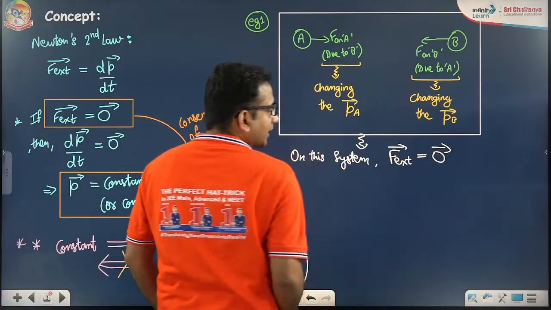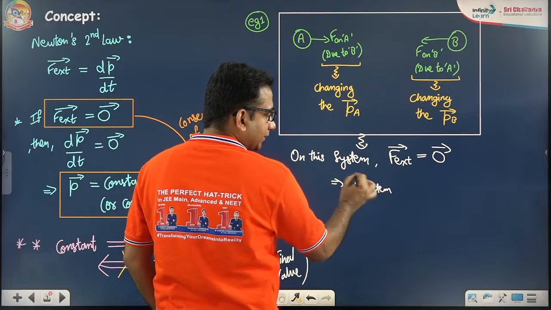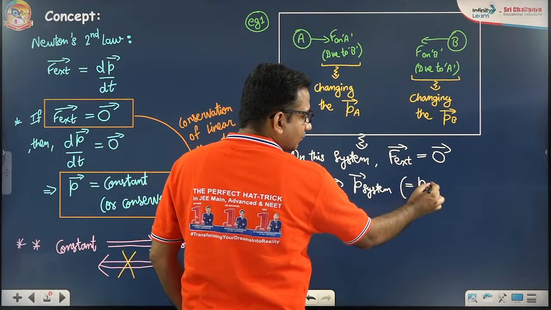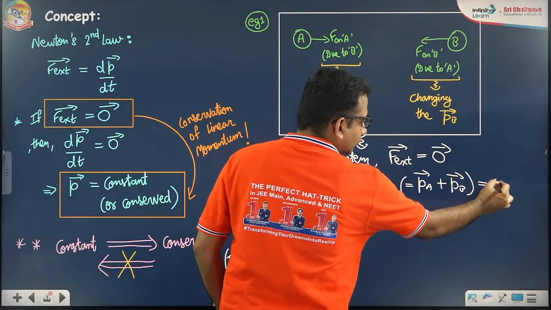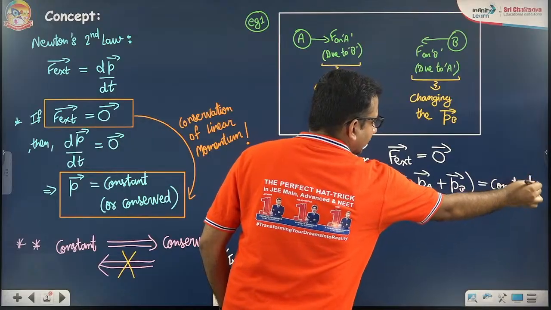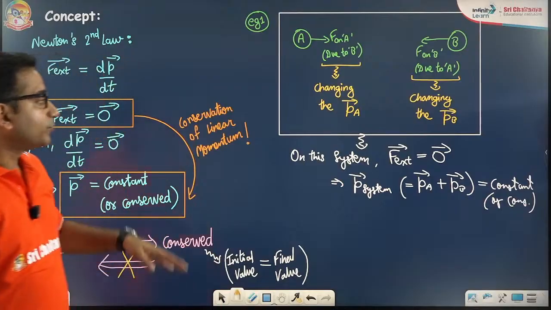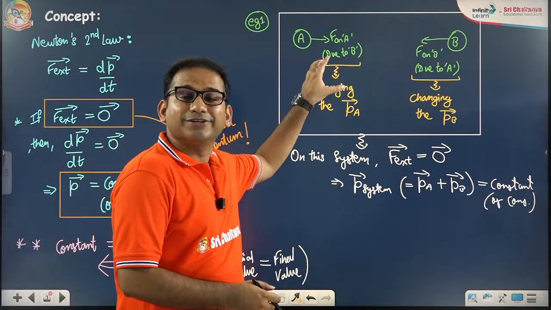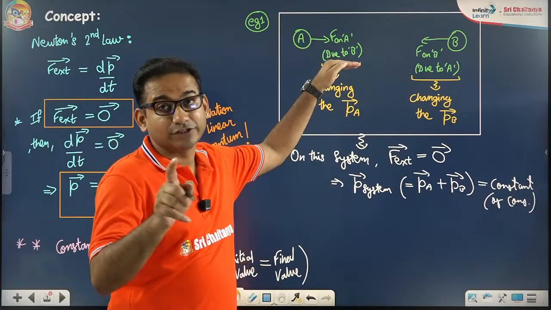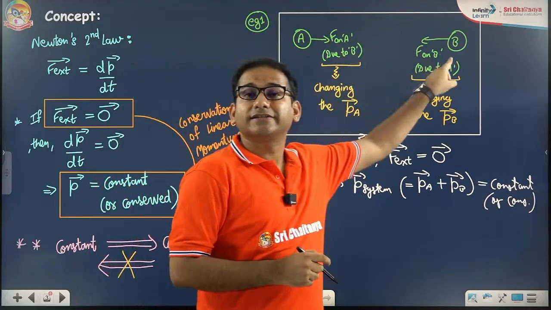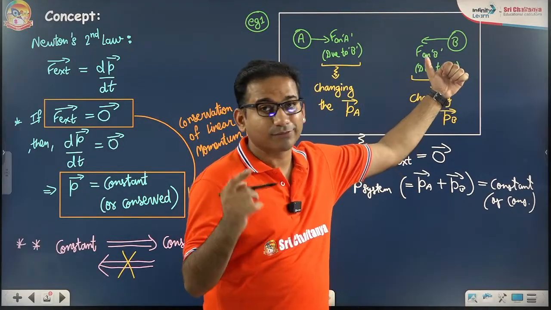This implies the system's momentum, given by the linear momentum of A plus the linear momentum of B, is going to be constant or conserved. Are you getting what I'm saying? Basically, if we consider only A as a system, then there is some external force acting on A which will change the momentum of A. If we consider only B as a system, then there is some external force on B which will change the momentum of B.